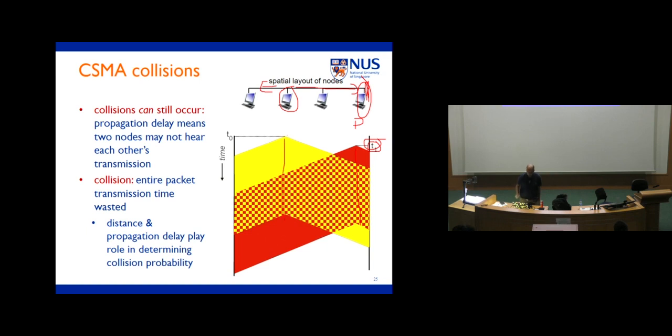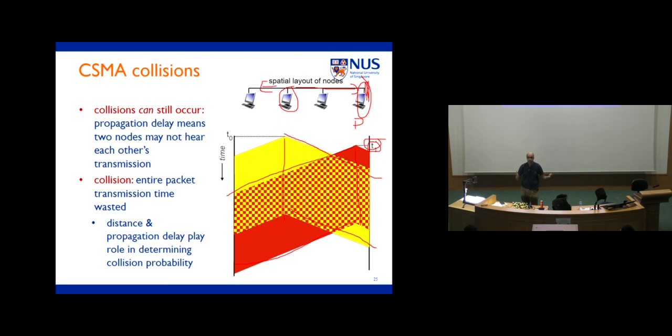This is the time over which the first guy transmits. The first bit reaches here, the last bit reaches at this time. So the point I wanted to make is that even though you listen to the channel, and that will help you avoid collisions, it's not going to get rid of collisions completely. There will still be collisions.